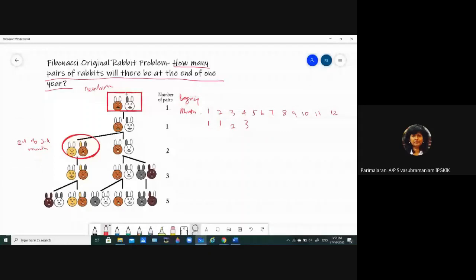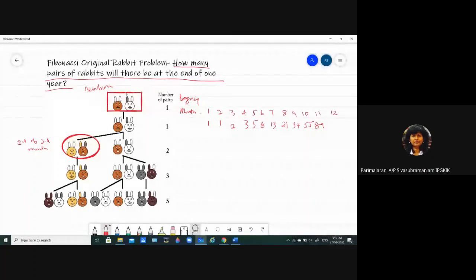And then beginning of the fifth month will be 5. 1, 2, 3, 4, 5 pairs of rabbits, and then there will be 8, and then 13, and then 21, and then 34, and then 55, 89, and what more?